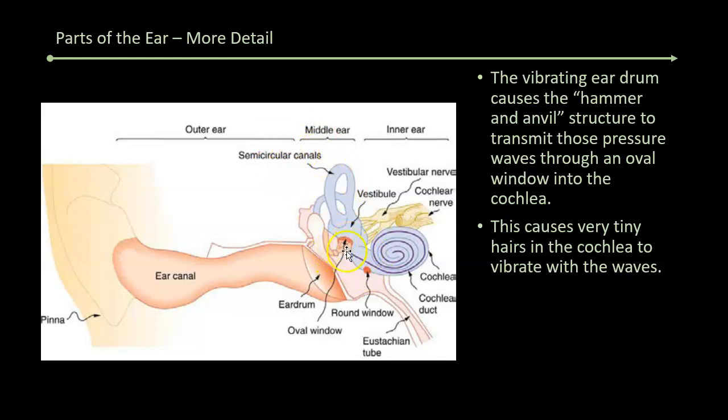So it causes the fluid inside the cochlea to vibrate with whatever vibration you're getting out here on the eardrum, right? So you got your vibration on the eardrum, it gets translated into here. That causes those same waves to go around in the cochlea. And in the cochlea, there are very tiny hairs with nerve endings attached to them that feel all those little bitty vibrations.